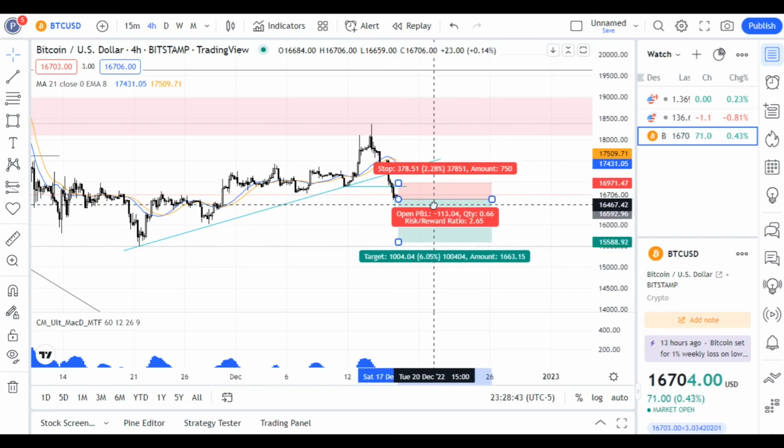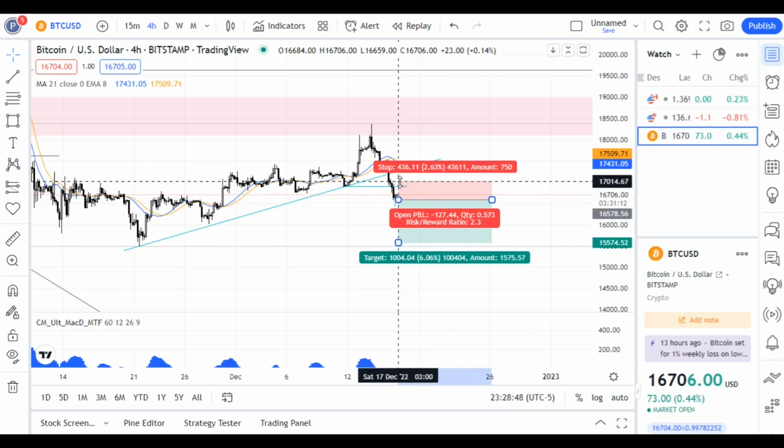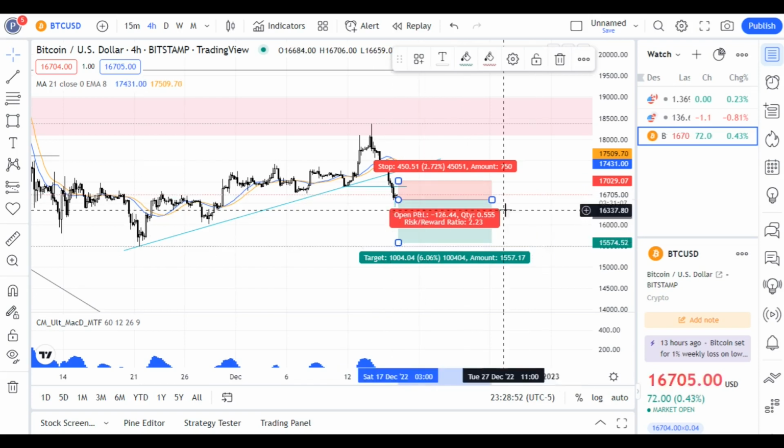In case it has moved to this level, try to enter like this and put my stop loss somewhere here. It all depends on the session.